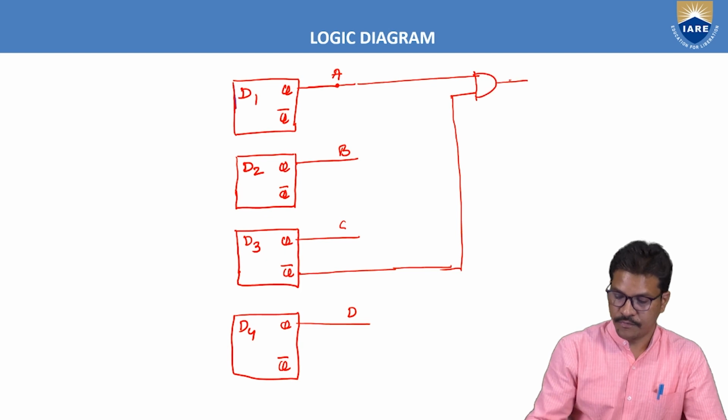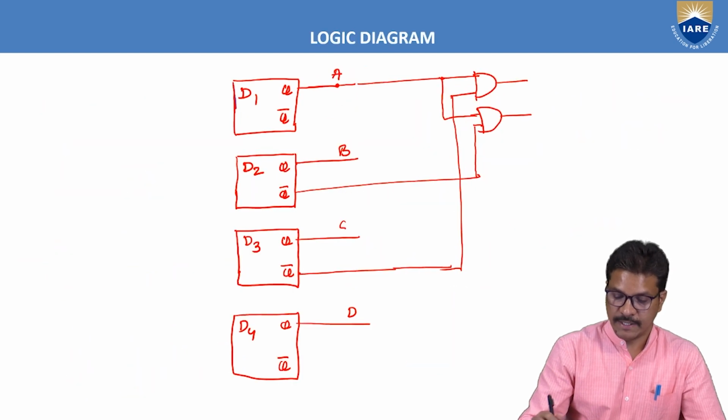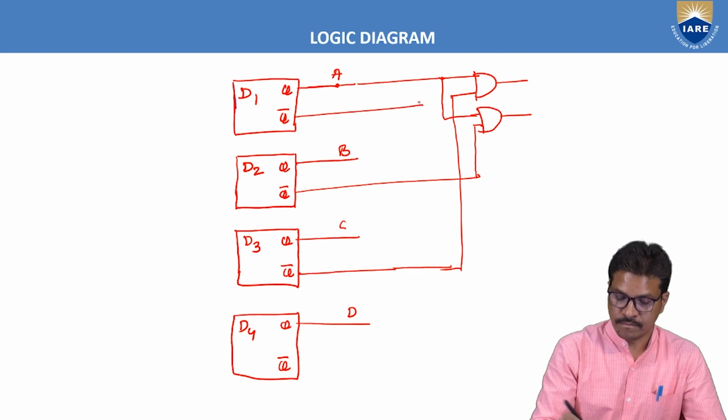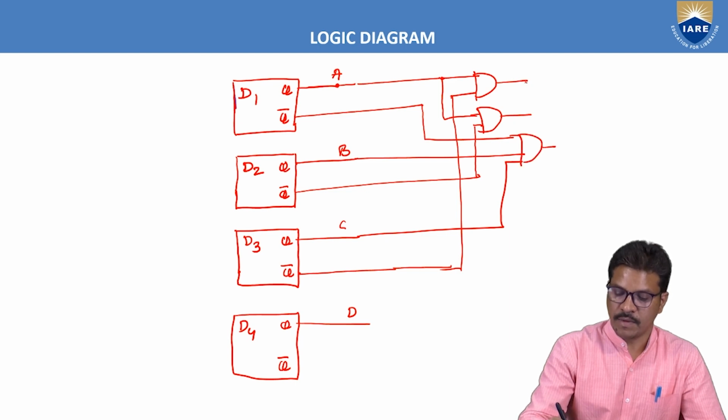A C bar, A B bar, and A bar B C. These are connected with the OR gate.